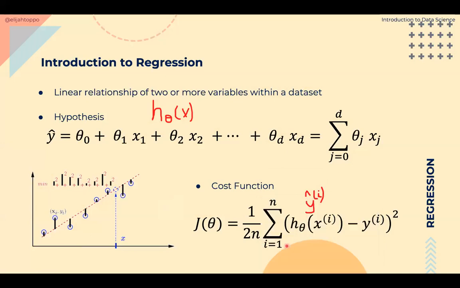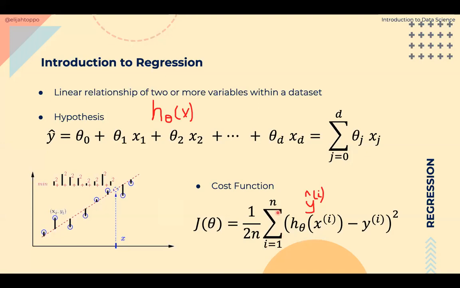So this value here, h theta of xi, is our prediction, which is y hat i. Now, what we want to say is, from our prediction, what is the error to the actual data? What is the difference between y hat i and yi? That is the error, and you square the error. We do this for all the data points, that is why we run i from 1 to n.